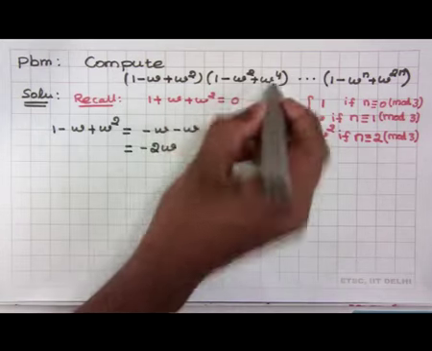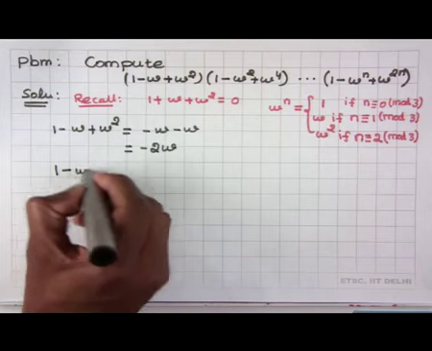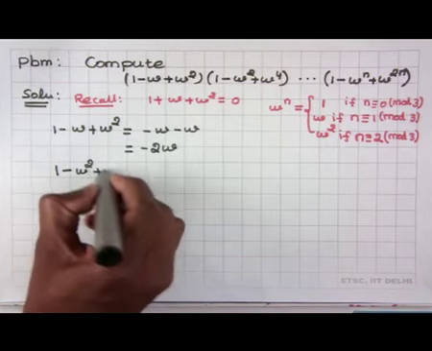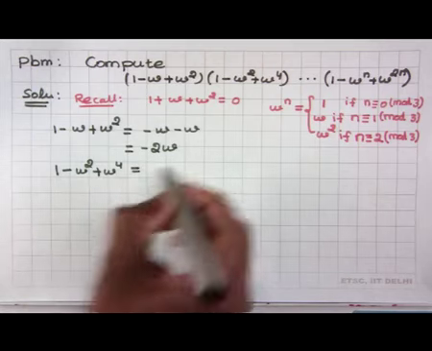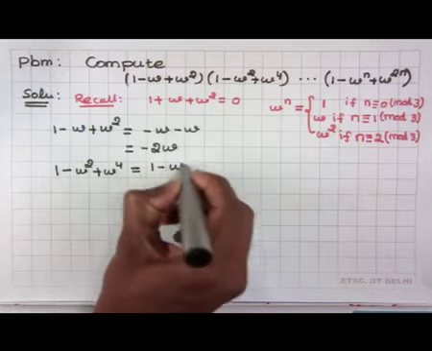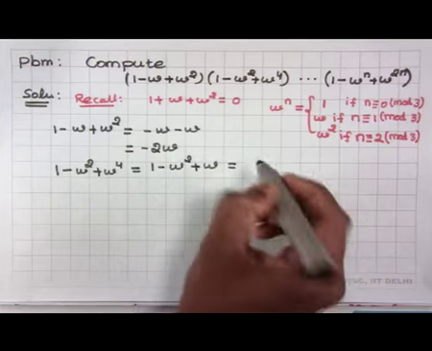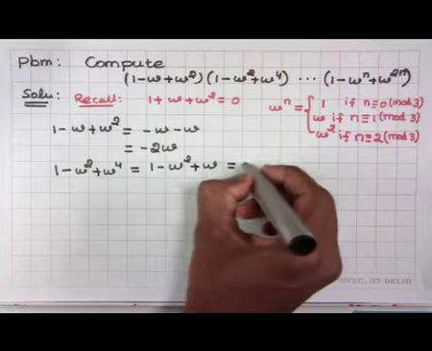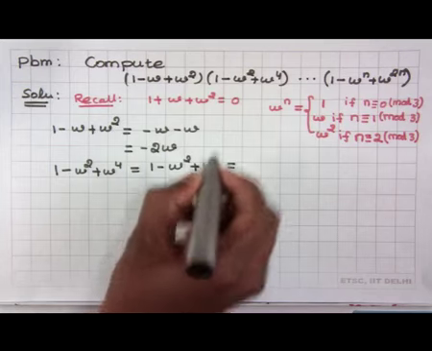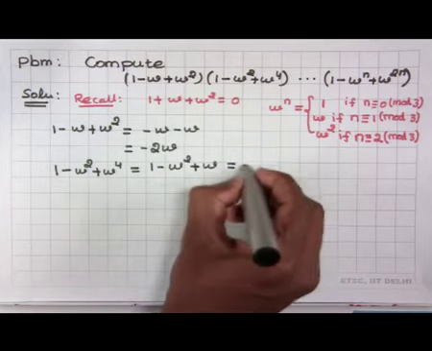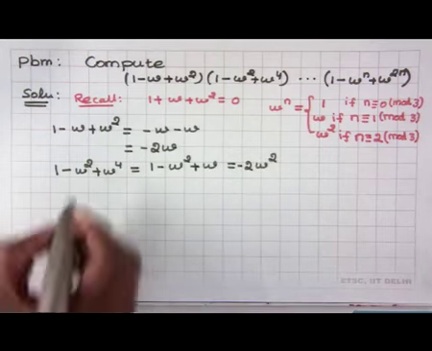If I consider the next expression, that is 1 minus omega square plus omega power 4, which is nothing but omega. So, which is 1 minus omega square plus omega, again replace 1 plus omega by minus omega square. So, we get minus 2 omega square.